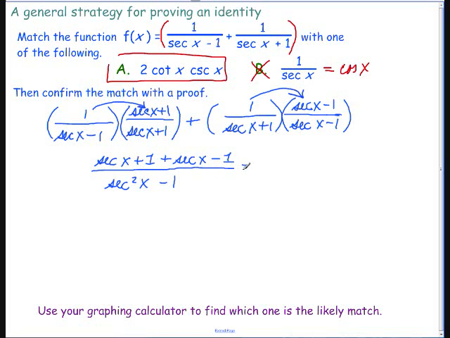Let's try simplifying this a little bit. I'll have 2 secant x, and we'll have a plus 1 and a minus 1, so that becomes a 0. Secant squared x minus 1.